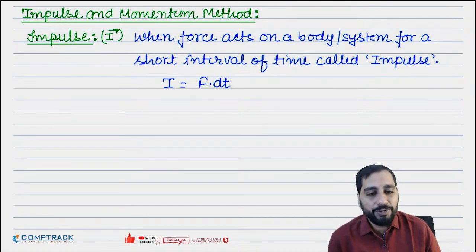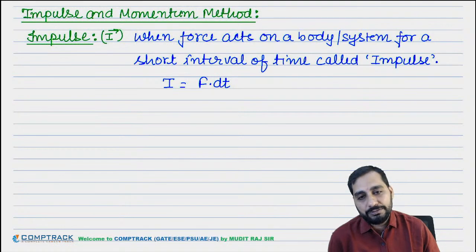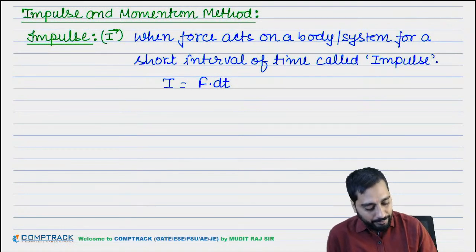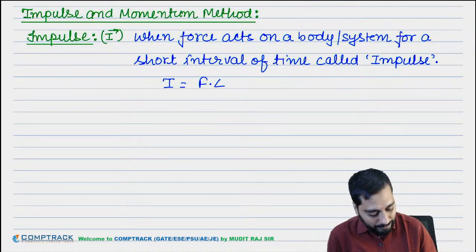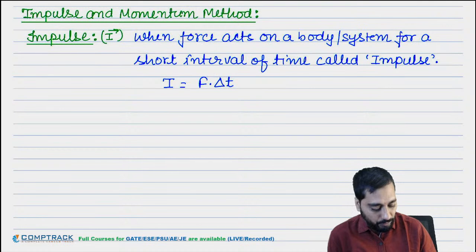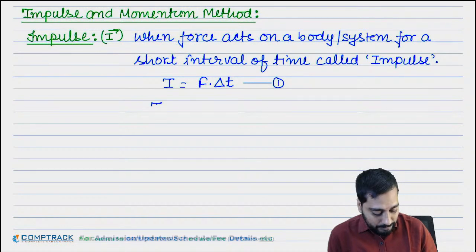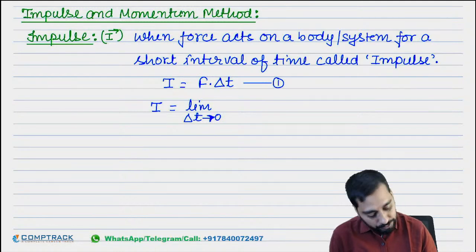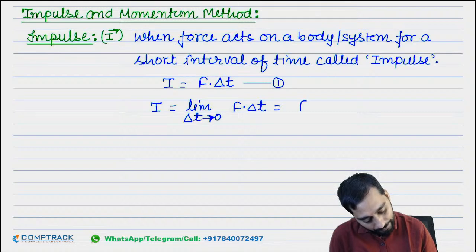So f into dt will become your impulse. If this is dt, let's say first write delta t, so here delta t will be very small. Now impulse will be equal to, when limit delta t tends to 0, f into delta t, it will become f into dt.